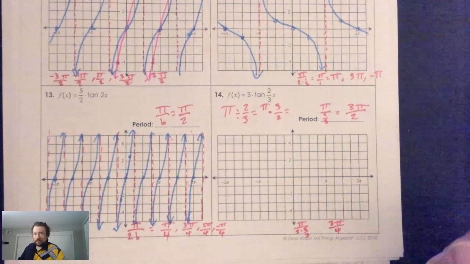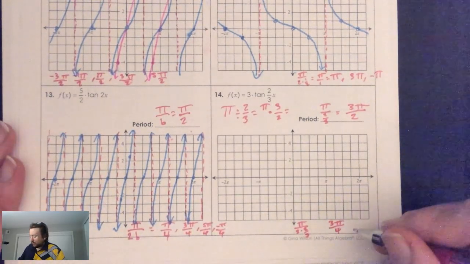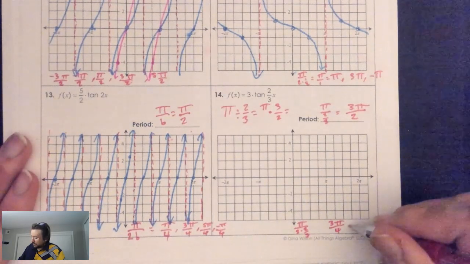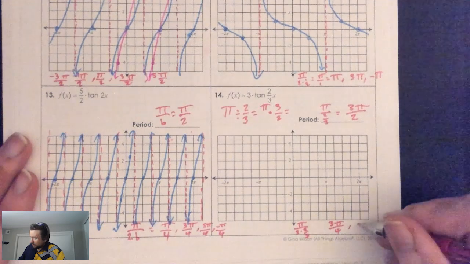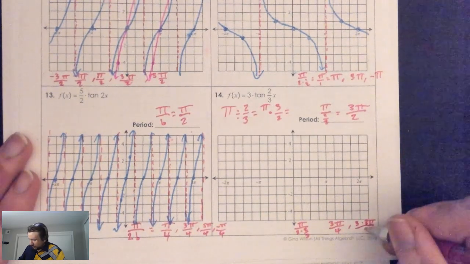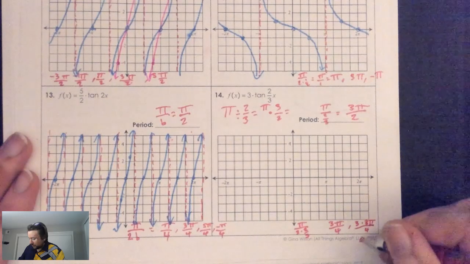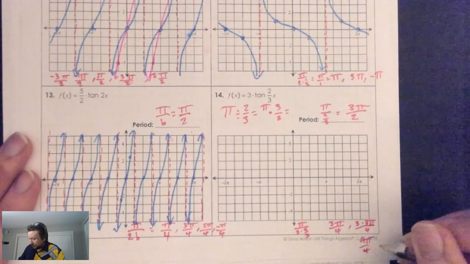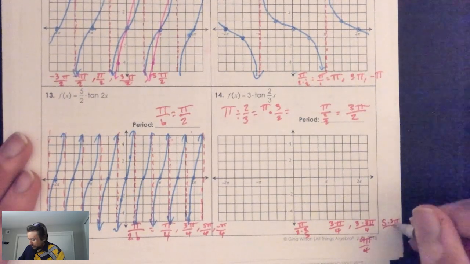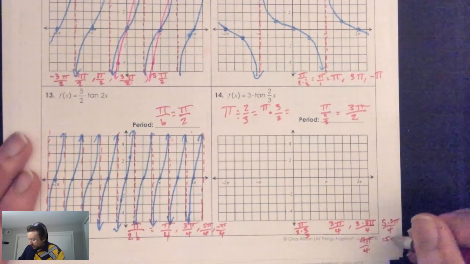Now, that's going to be weird to think about. You have to think about, oh, well, that's 3 pi over 4. And then that's going to be 3 times 3 pi over 4, which is 9 pi over 4. And then 5 times 3 pi over 4, which is 15 pi over 4.